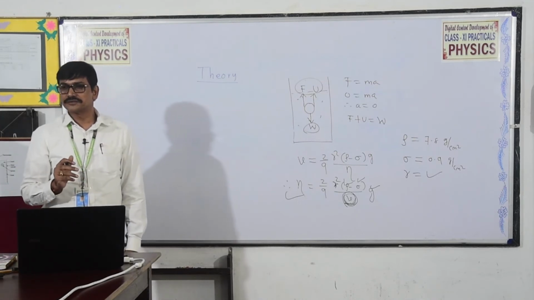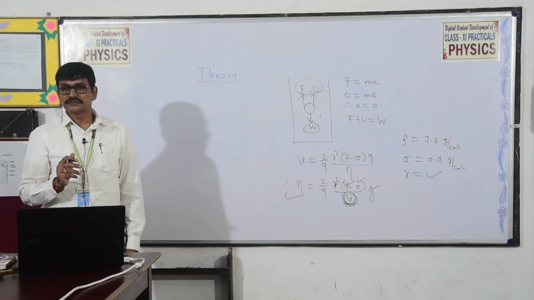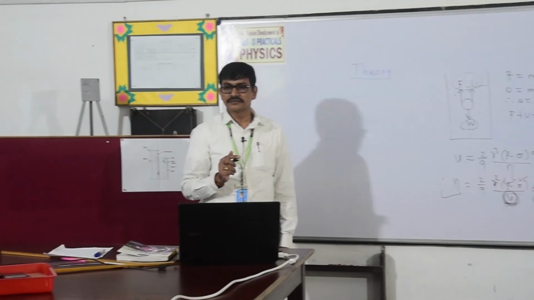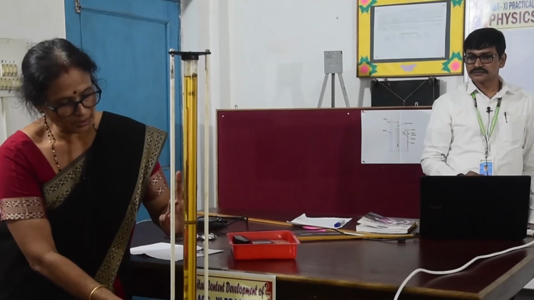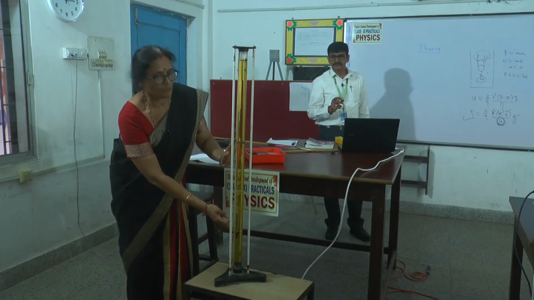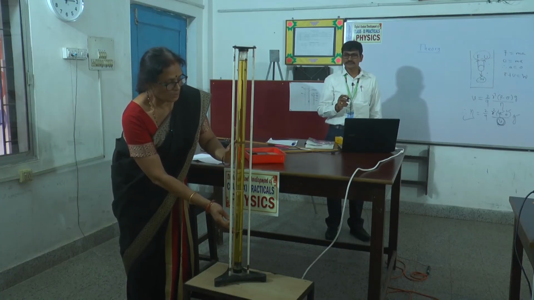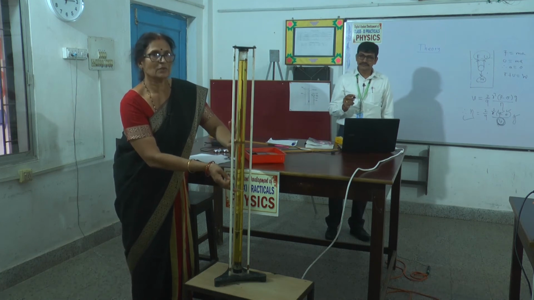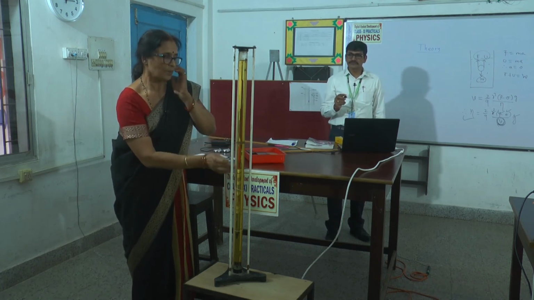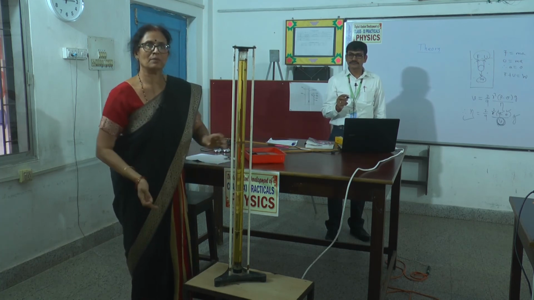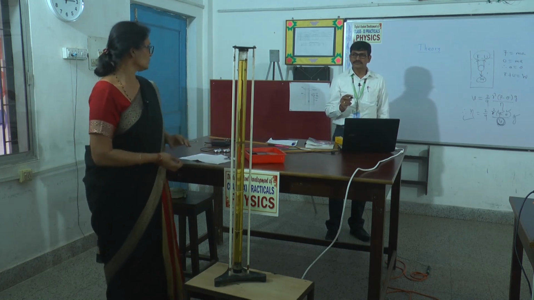We will start the stopwatch when it crosses the point, say A here. Then we will stop one stopwatch at point B, the other one will be stopped at point C. So we will measure the distance covered, that is total 40 centimeter, and we will measure the time by the stopwatch. How much time is taken to cover total 40 centimeter, and how much time is taken by another stopwatch covering a distance of 20 centimeter. For both cases, you will find the velocity, distance covered by time taken, and we will find the average. That will give us the terminal velocity.